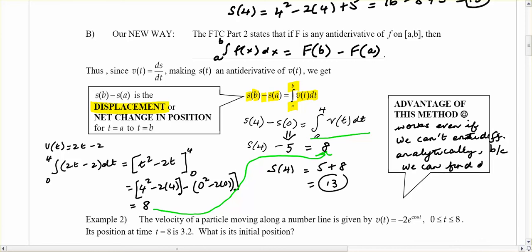So we can find the definite integral on our calculators.